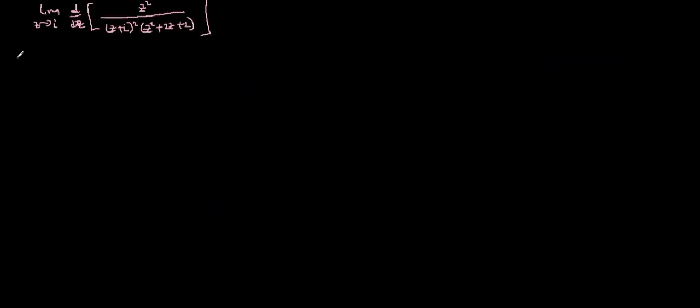So let's expand this. This will be the limit as z tends to i of the expression, and we are going to differentiate it using the quotient rule. It means we keep the denominator, differentiate the numerator, minus keep the numerator and differentiate the denominator.